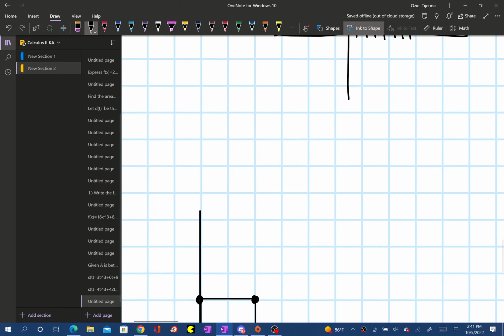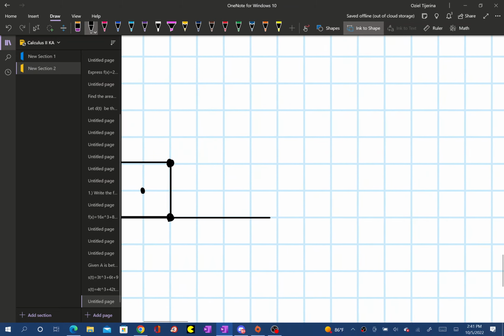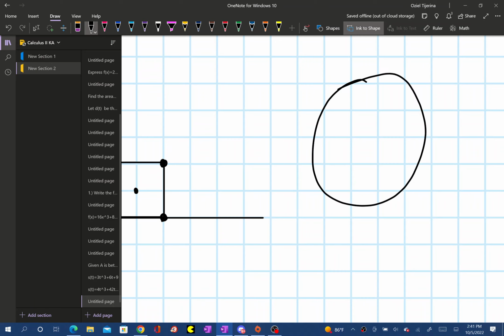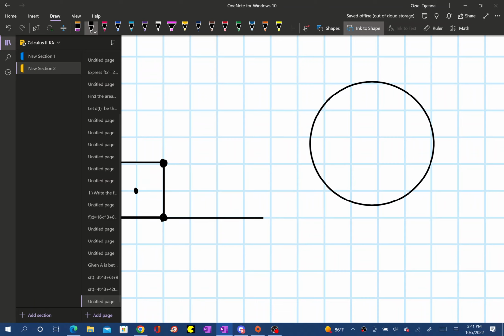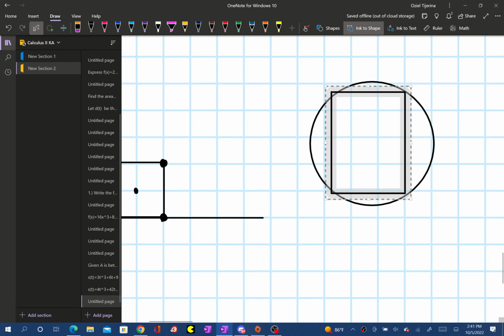Because if you have a square, or if you have a circle, let's say you have a circle, and there's a square inscribed inside of this circle, it's kind of like that a little bit, kind of like this, and you kind of estimate how it looks a little bit.